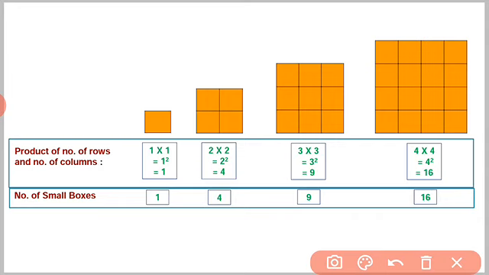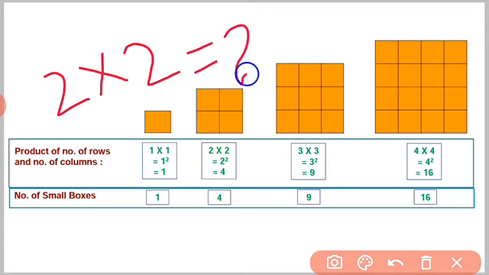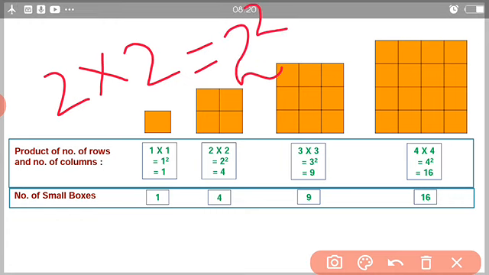So we know, children, we have learned in earlier classes about exponents and powers. We know if a number is multiplied by itself, it can be expressed as, suppose there is a number 2 which is multiplied by itself, we can write it as 2 squared.